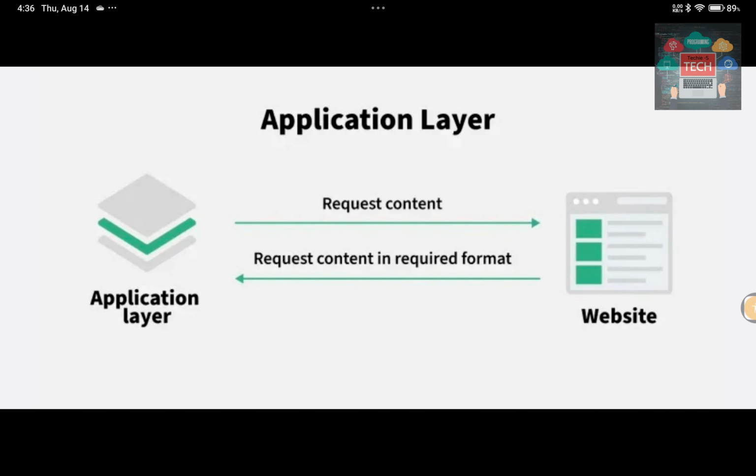Okay, so what is the application layer? Simply, you can say it requests content in the required format. The application layer works by creating a server-client connection to get the data between the server side and client side. It is the layer at the very top of the OSI reference model.